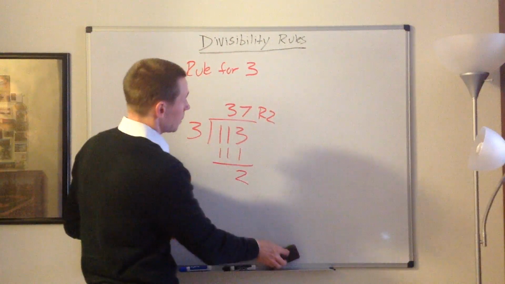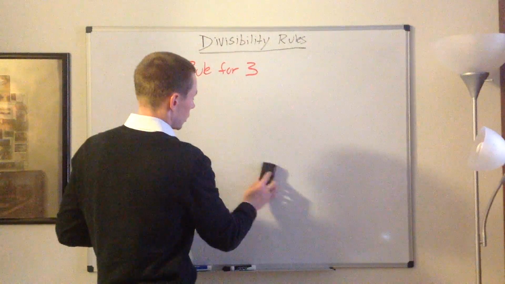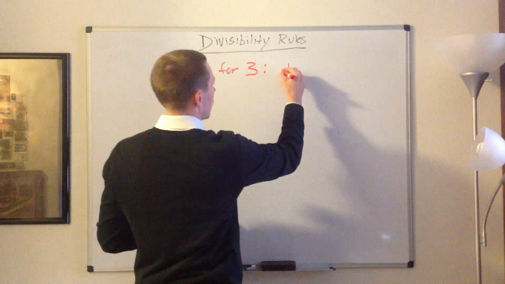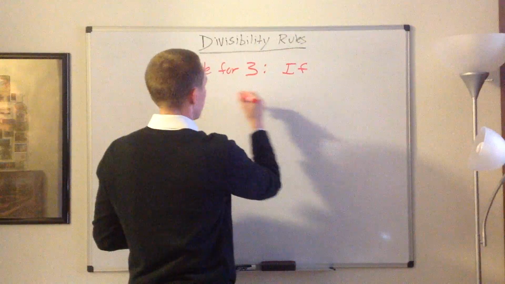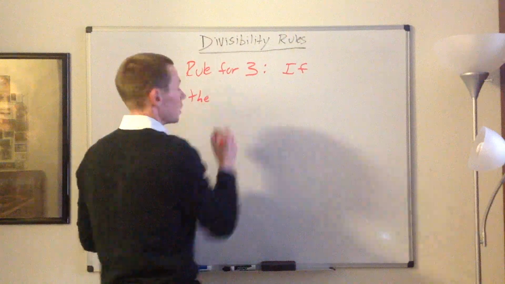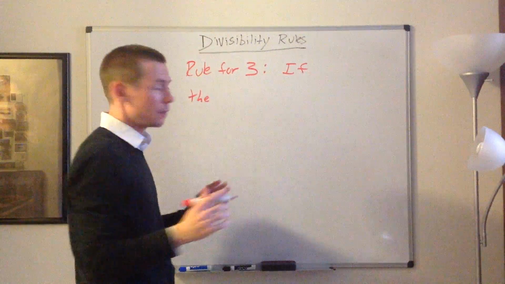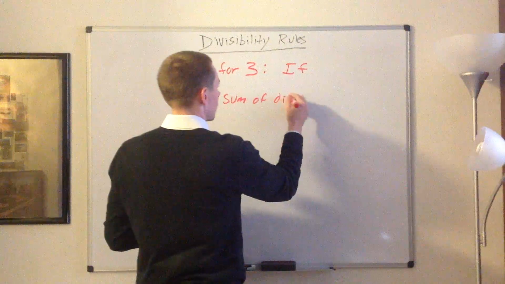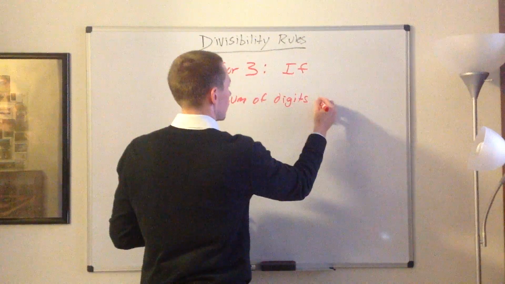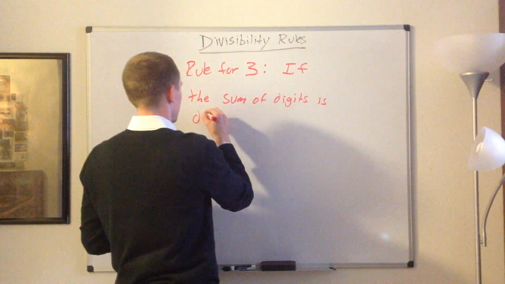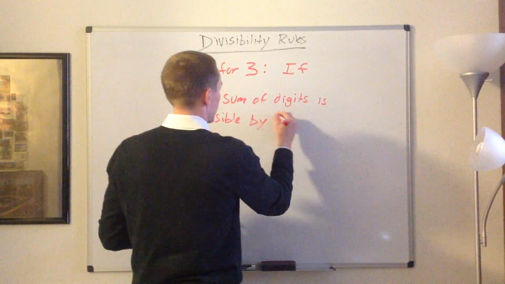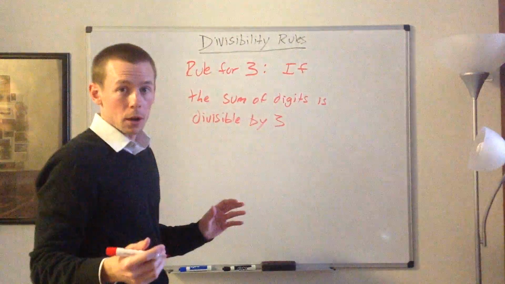And I knew that because there is a shortcut that says if the sum of the digits is divisible by 3, then 3 will go into that number.